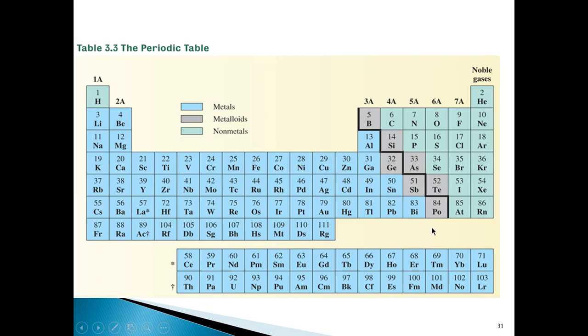These elements are the metalloids. All right? So that's basically what this indicates. It just shows you the different types of elements according to the broad categories of metals, non-metals, and metalloids.